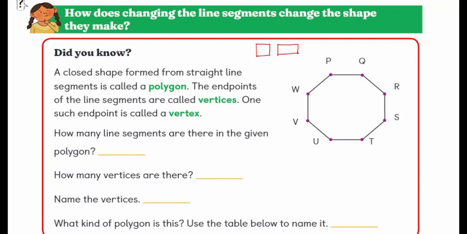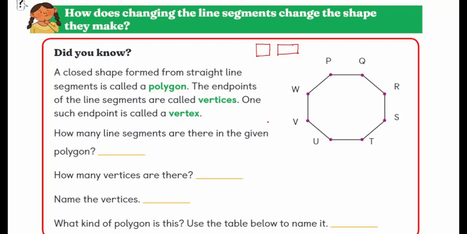Did you observe these two shapes, children? They are made up of straight line segments. A closed figure formed from straight line segments is called a polygon.